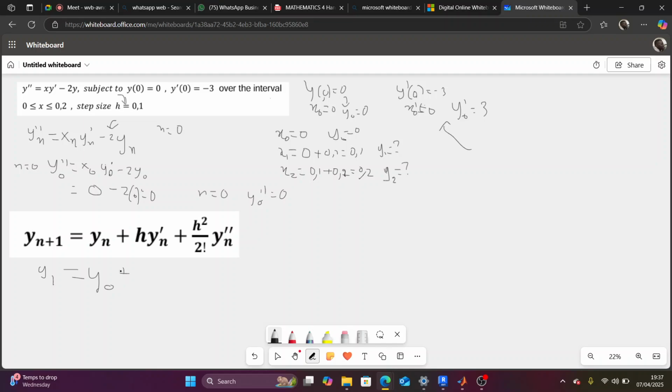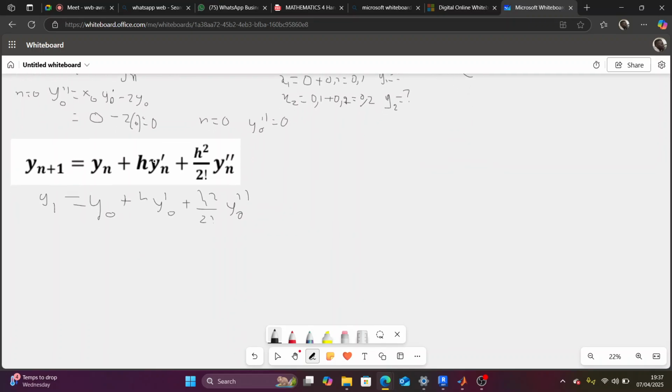This one will be the step. This one will be y prime of 0 plus step squared divided by 2 factorial multiplied by y second 0, which is the one that we first solved.